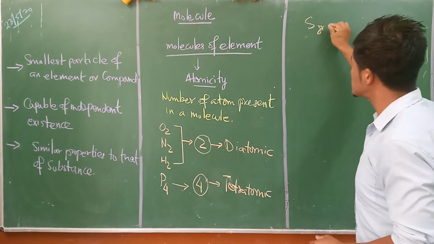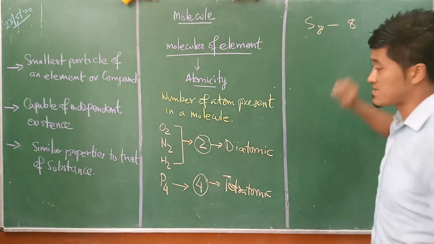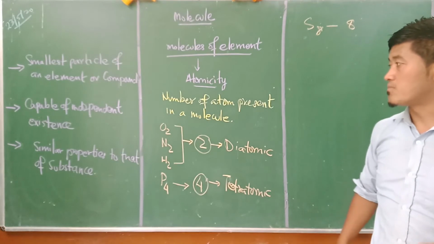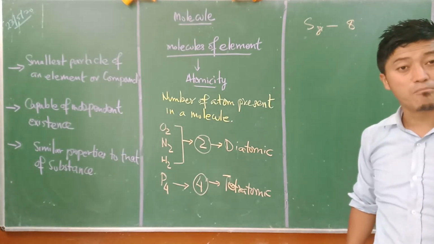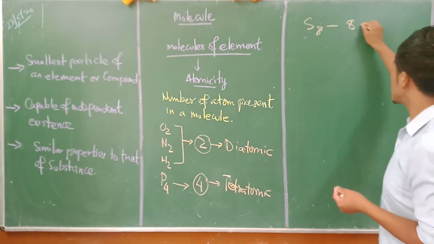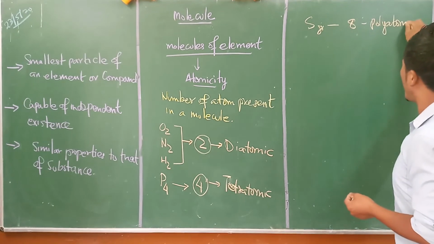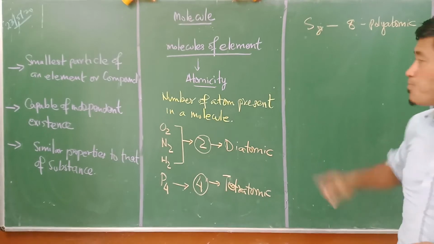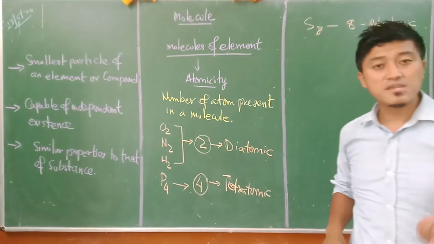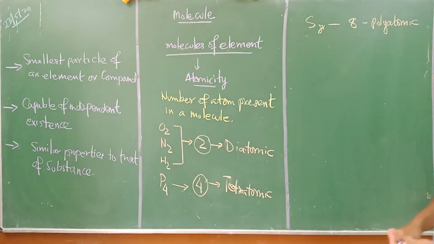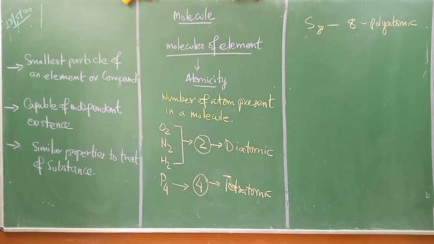Sulfur normally constitutes 8 atoms. Understand? So any molecules which have more than 4 atoms, we call polyatomic. Polyatomic means whenever there is an involvement of more than 4 atoms, we call this polyatomic.